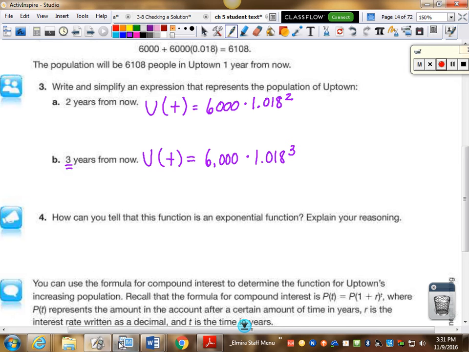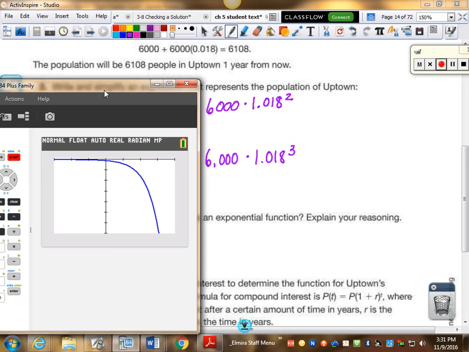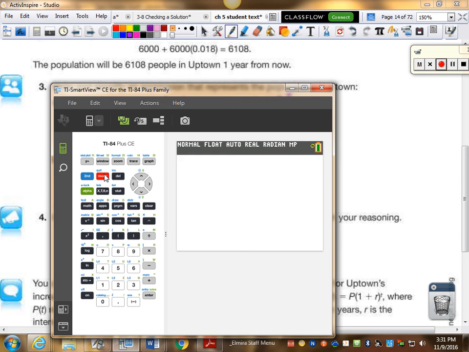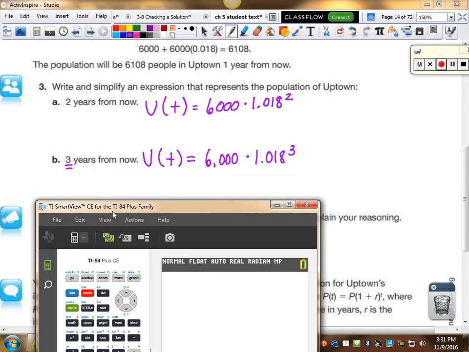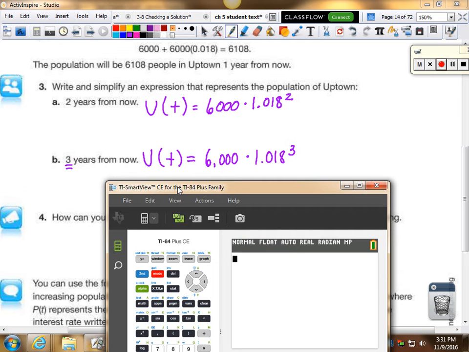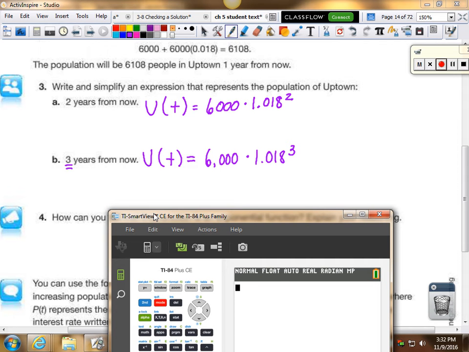Now, for these problems, to get answers, we can type them into the calculator as you see them. But I'm going to give you a little tip. On your homework for this assignment, 5.2, you're going to be using the same equation over and over again to answer different numbers of years. You have to write down the substitution.